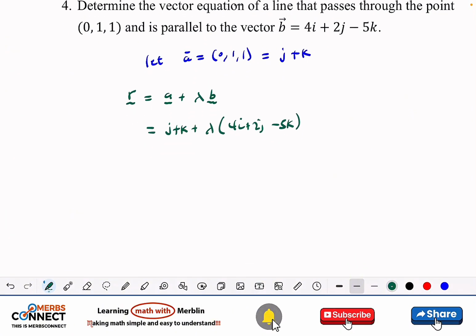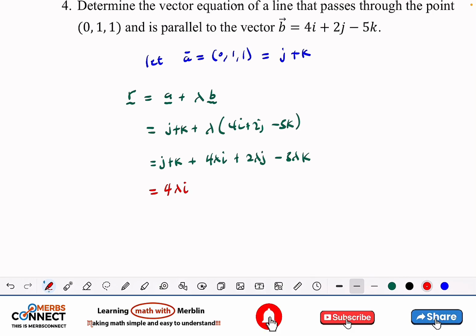So let's go through quickly. j plus k plus 4 lambda i plus 2 lambda j minus 5 lambda k. Group items: we have 4 lambda i, plus (1 plus 2 lambda) j, plus (1 minus 5 lambda) k.